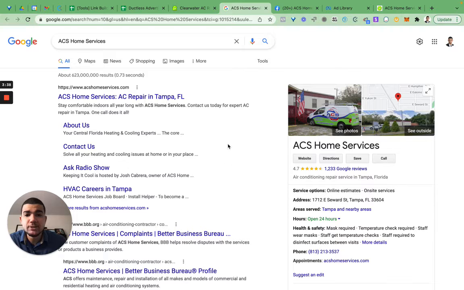So a branded search campaign lowers your cost per click for those type of keywords. So ACS Home Services, ductless ACS Home Services, air conditioners, it lowers your cost per click for those, and it really brings back probably 25% of the traffic you are losing to other contractors if you didn't have a branded campaign. So that's a good thing there.